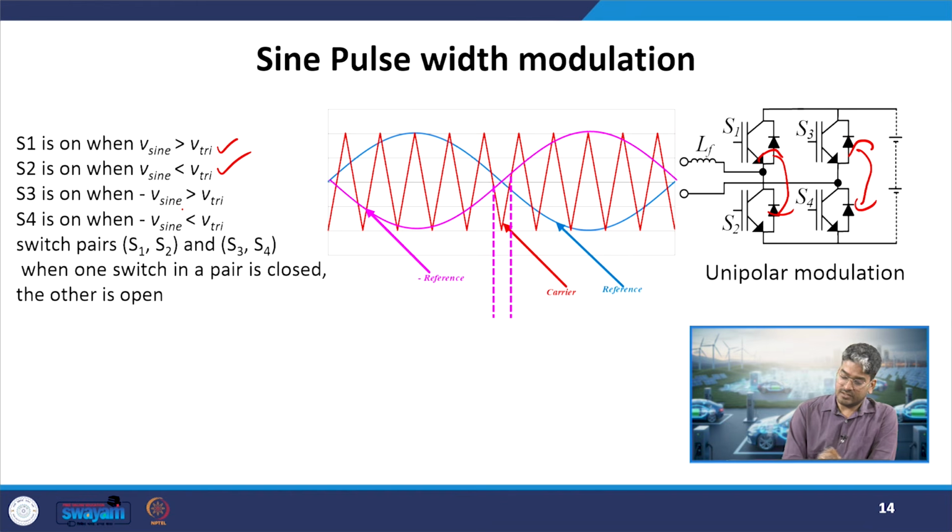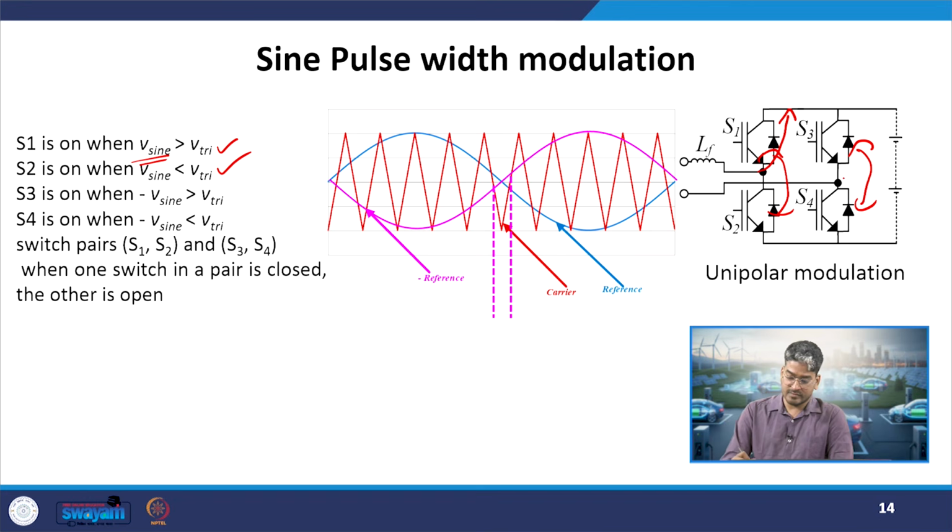So, I will compare this with the triangular signal based on the same analysis, that is, whenever my reference signal is greater than the triangular signal, I will turn on the switch which will apply positive voltage. So, in this case S1 has to be turned on if the condition is true for this leg, and if the comparison is true that V sin is greater than the reference triangular signal, I will turn on S3.